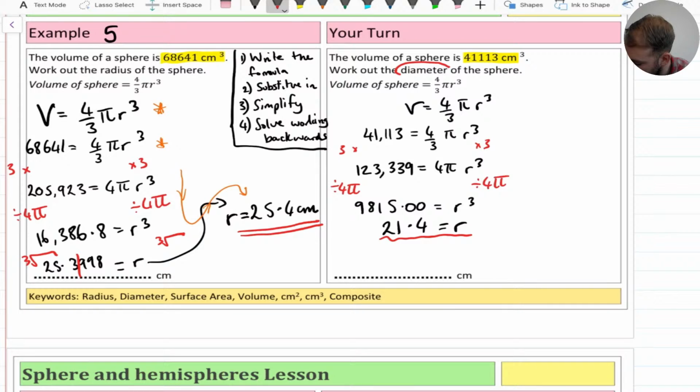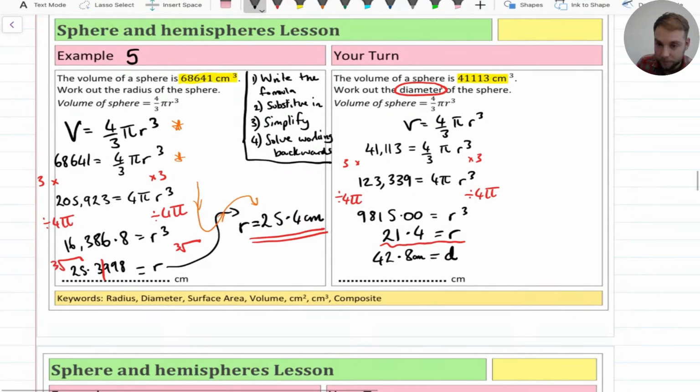So my diameter is equal to 21.4 times by 2, which is equal to 42.8 centimeters. Brilliant. So my diameter. Now be careful with that. They tried to trick us out, didn't they? They did try and trick us.